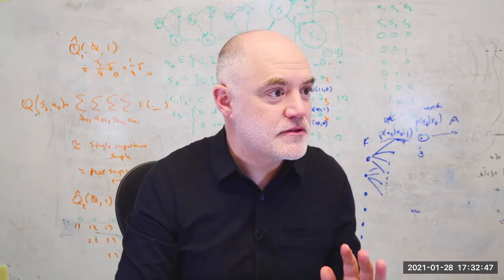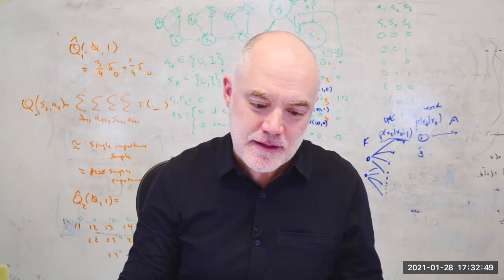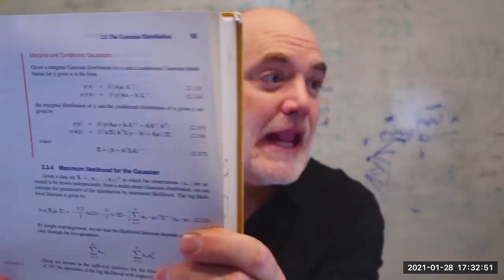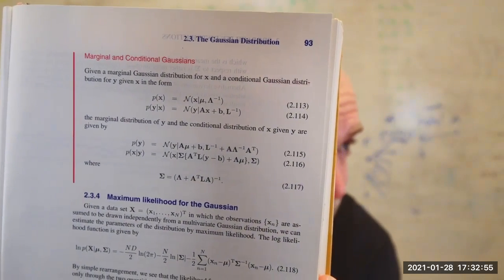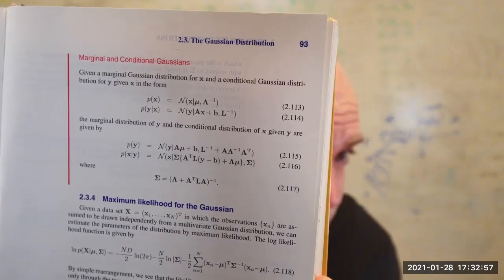So, what's Bayes' rule in multivariate Gaussian? I keep putting this up there, but I'm telling you, the answer is immediately derivable from page 93 in PRML. PRML, you can get a PDF. What book do you keep referring to? Yeah, this is Pattern Recognition and Machine Learning.